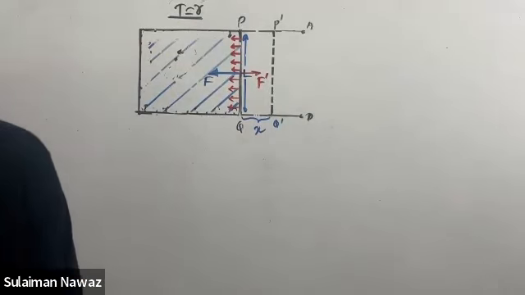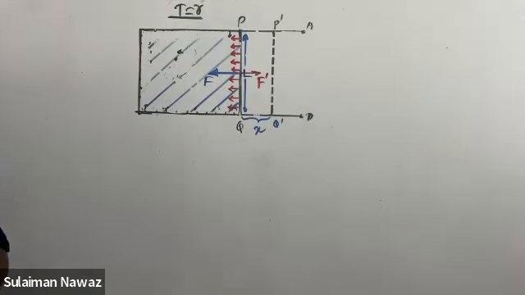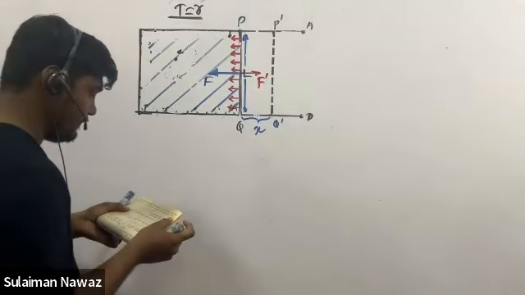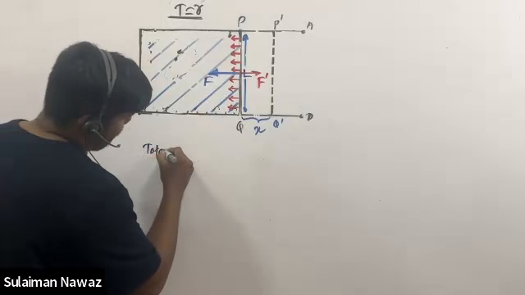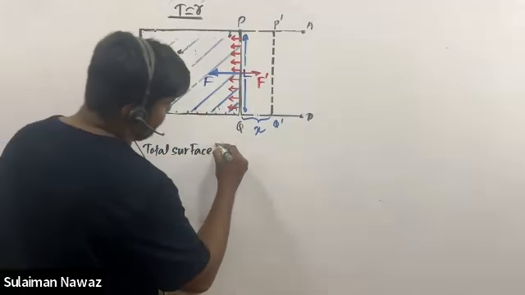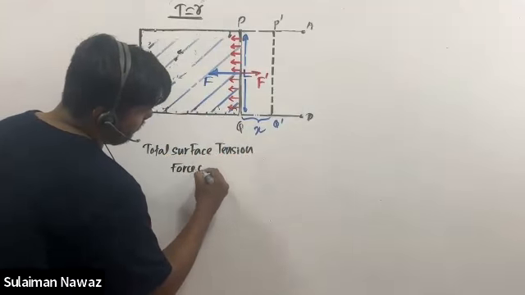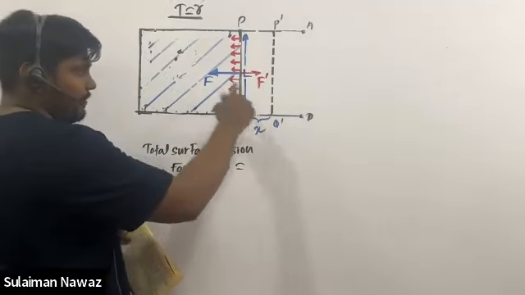Now, what's my goal? I'm going to prove that this T equals gamma. I can write down the total surface tension force on PQ, that is equal to F dash.